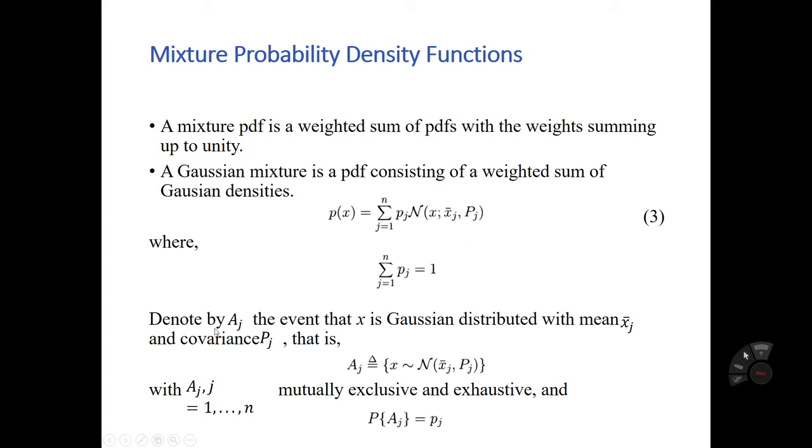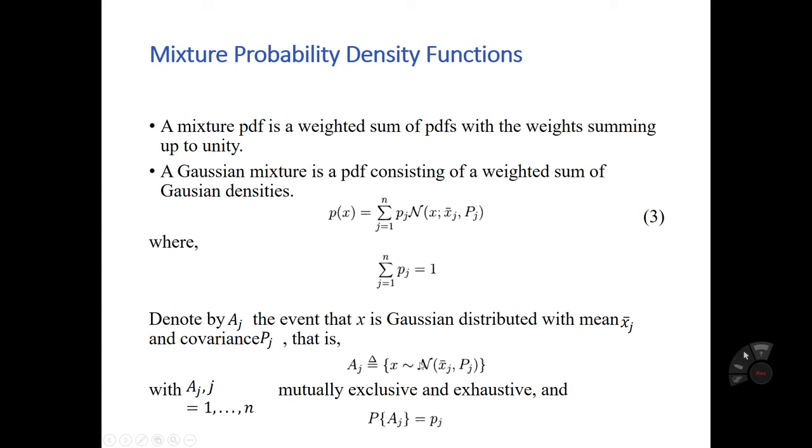Denote by A_j the event that x is Gaussian distributed with mean x_j and covariance P_j. So x has a Gaussian distribution with that mean and covariance, for j from 1 to n.